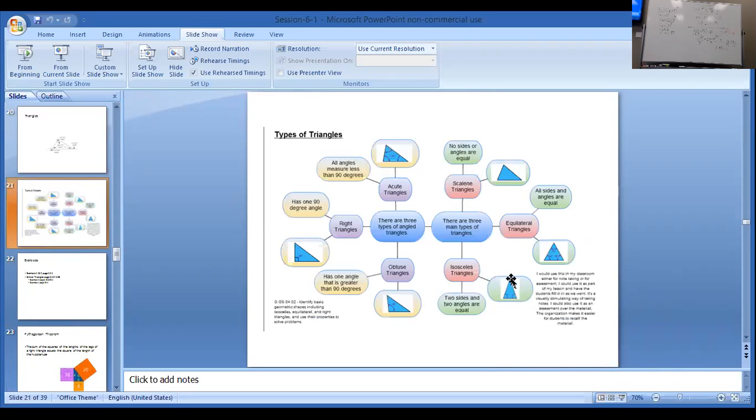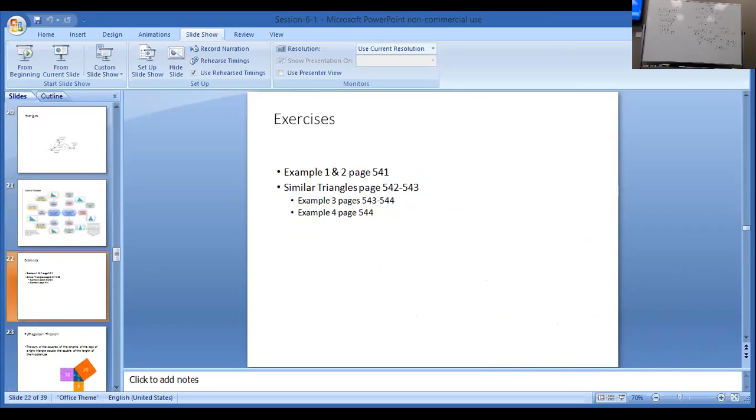If you have 2 sides equal, and therefore 2 angles equal, then you have an isosceles triangle. Okay? Let's look at examples 1 and 2 on page 541.